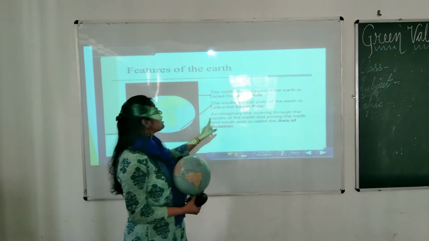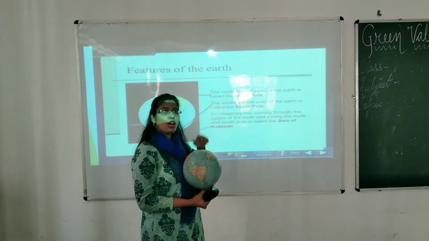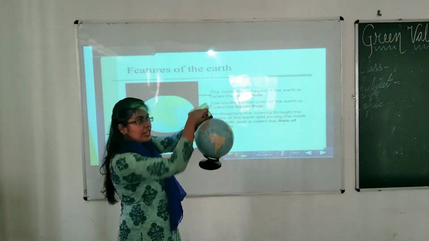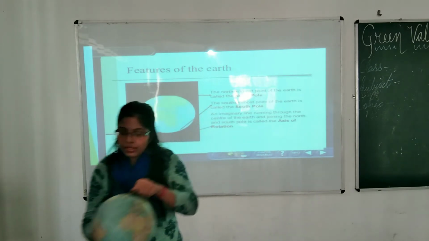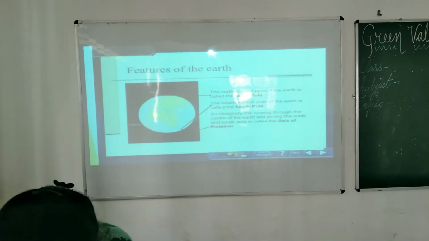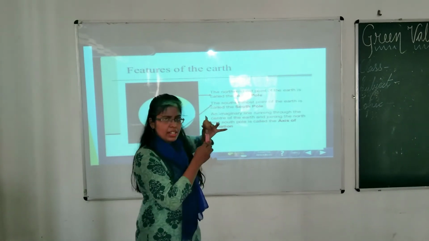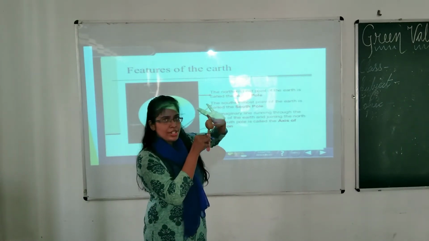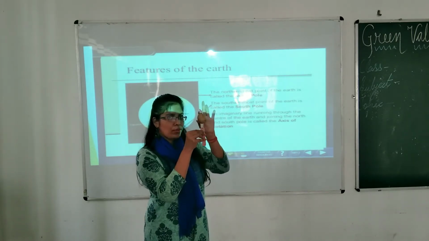So an imaginary line running through the center of the earth and joining the North Pole and South Pole. Now there is a line which is passing, joining the North Pole and South Pole. See this, I have tried to make an imaginary line using my knife. Think it is an imaginary line and this is the model of the earth.